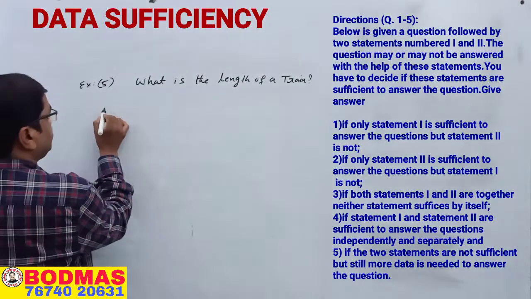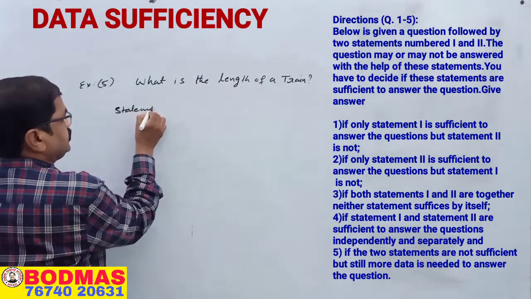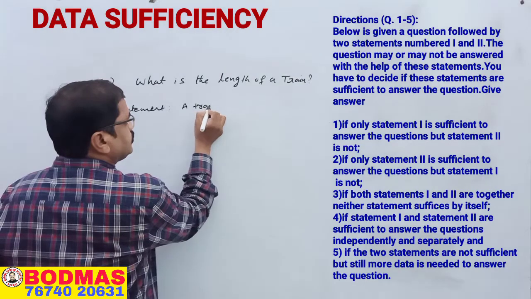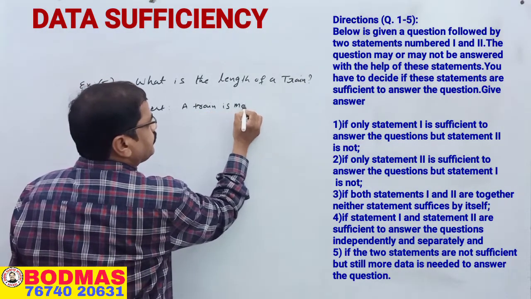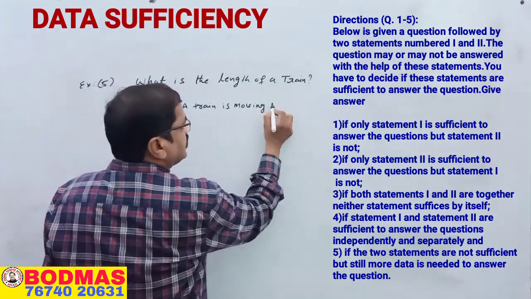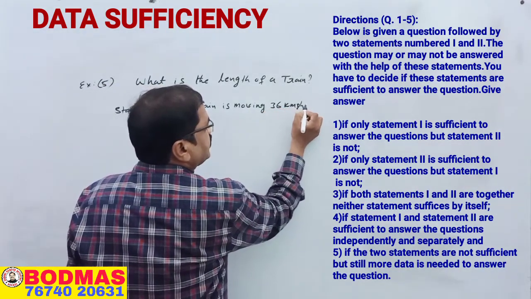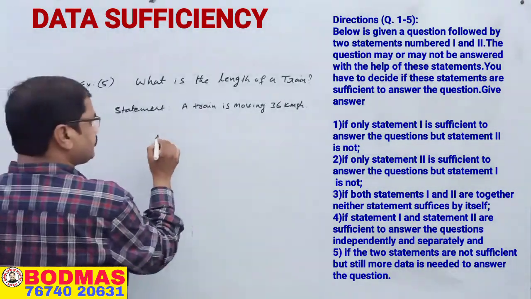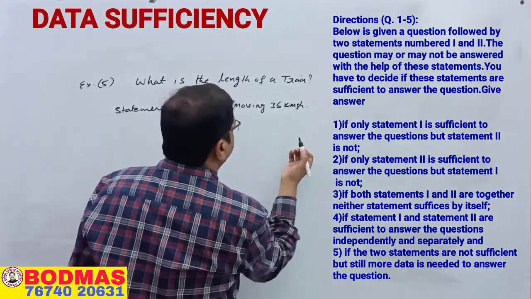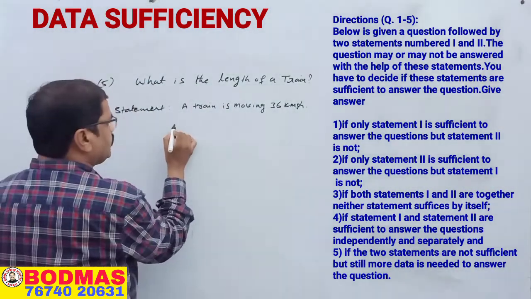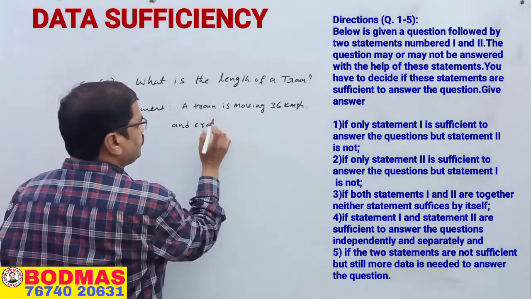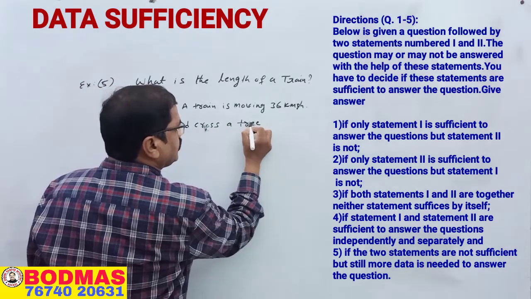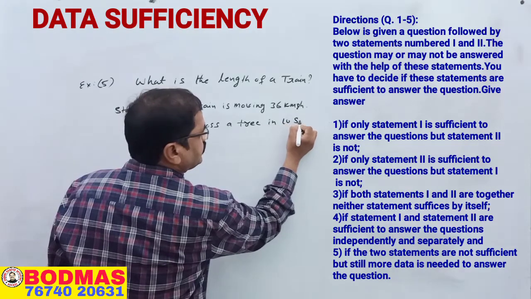First of all, statement 1. A train is moving at 36 kmph, and crossing a tree in 10 seconds.